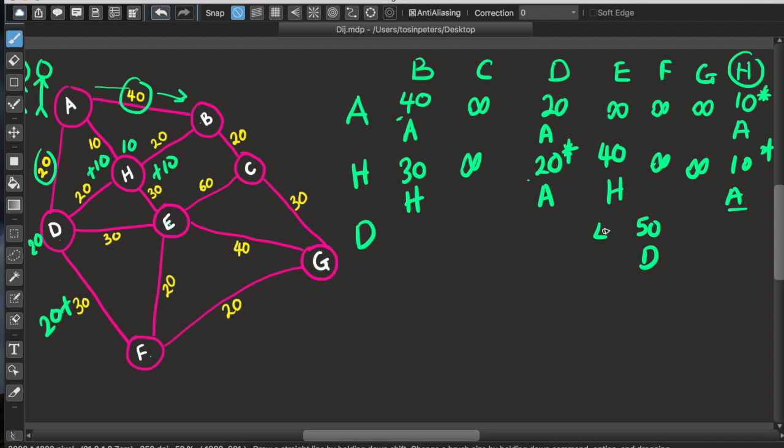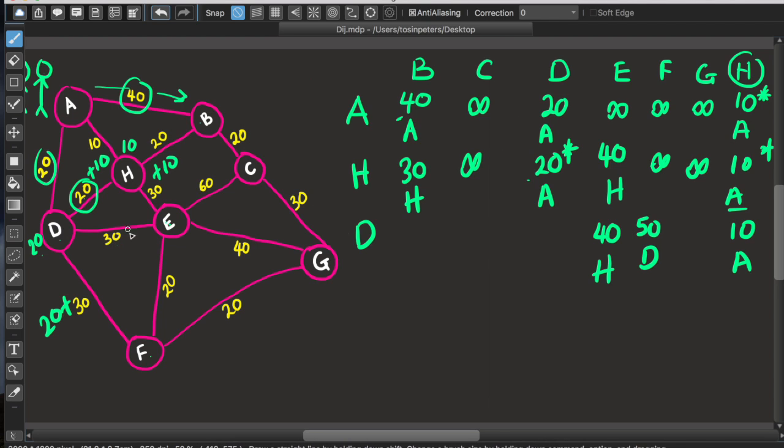We're just going to keep this value back in its normal position. And what else is D connected to? D is connected to H. This cost is 20, so 20 plus 20 is 40. 40 is greater than 10, so we're not going to take that offer. We're just going to keep it down here.